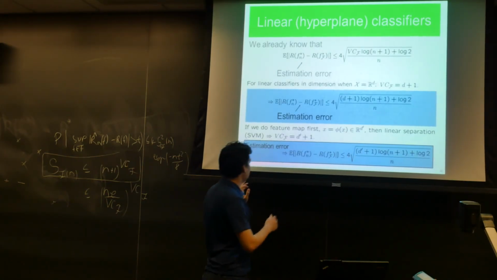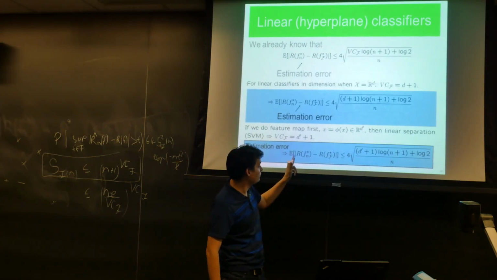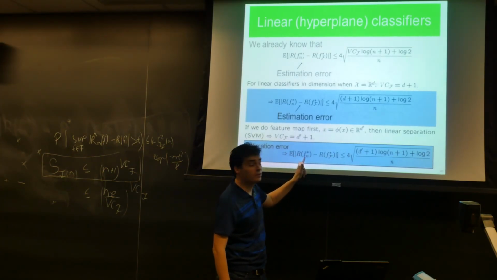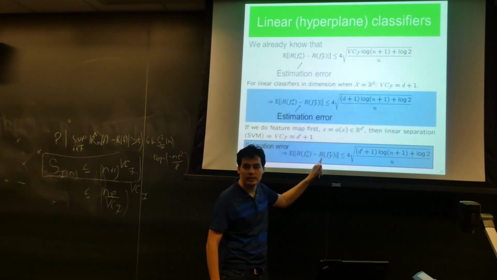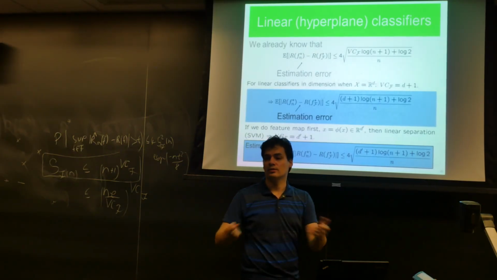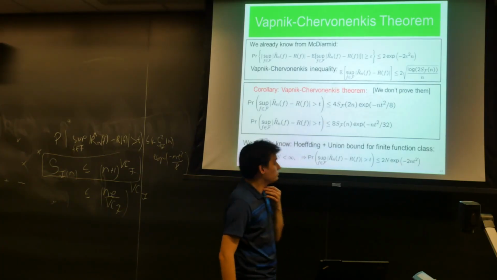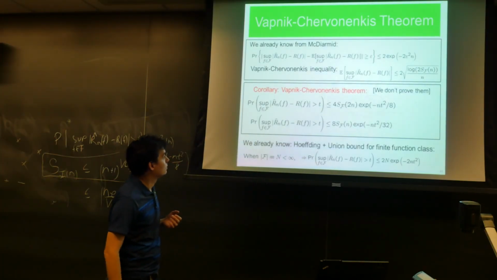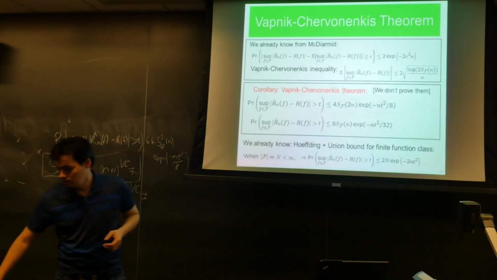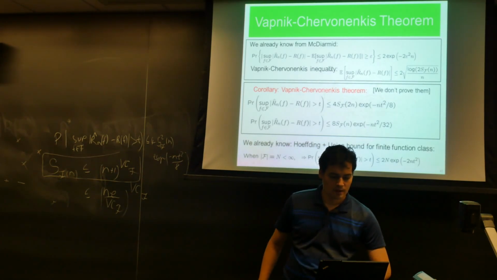Okay, and again, this is a theorem on the expectation of the true risk of your empirical risk minimizer classifier minus the true risk of the best possible classifier achievable in your function class F. So we bounded this expectation.